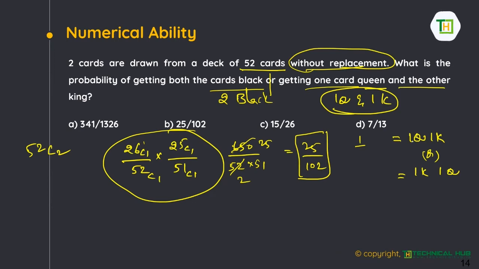Here it is 1 king and 1 queen. This is 1/4 and this is also 1/4. Probability of getting one card king and another one queen, first draw.